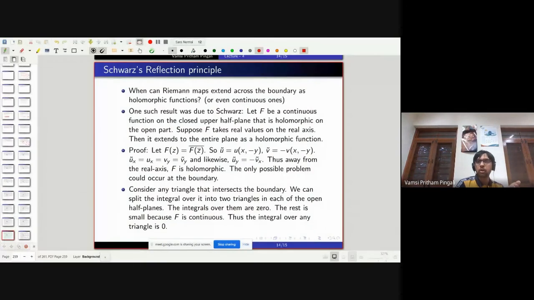Why do you care about it? Because it tells you, suppose you have some nice kind of domains. What kinds of domains I won't tell you, but for certain kinds of domains, if you give me the Riemann map, I can extend it across the boundary. I can give you a map that is defined on a slightly larger open set.